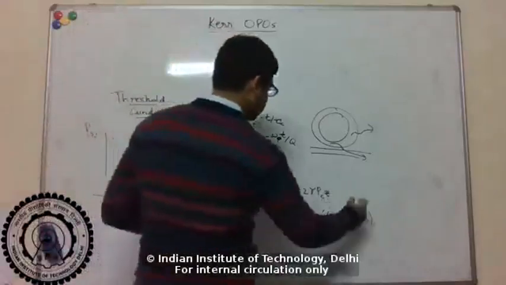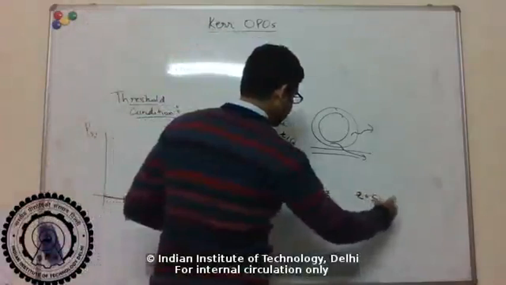We can write it in terms of time by replacing z with c over n times t.